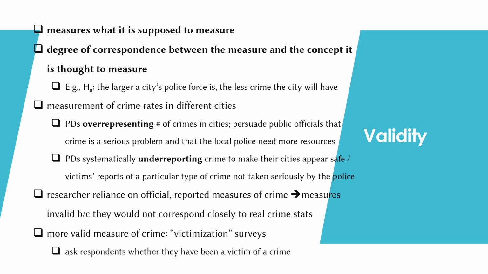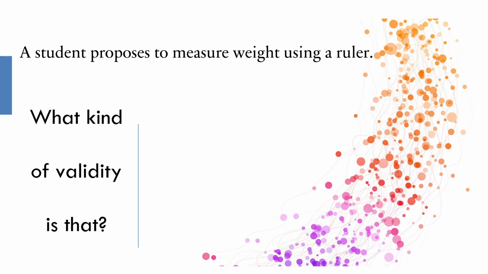Because again, if you ask a university, I hope they give you the right information all the time. And so again, think about a student who proposes to measure weight using a ruler. That is absolutely not a good way to measure weight.